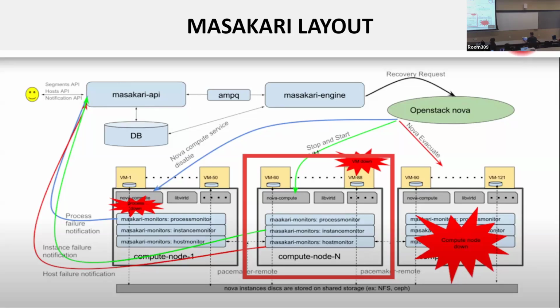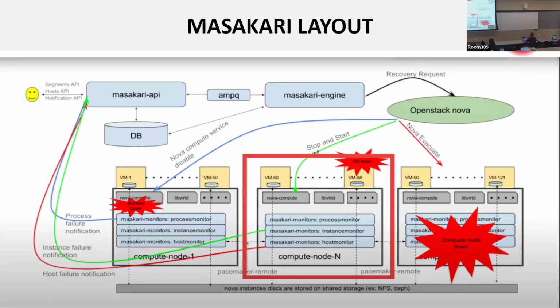If Masakari registers any events, it uses the engine to talk directly to Nova to say, go ahead and power off this VM, or start this VM, or, in case of a host failure, disable this node from the scheduler and initiate a Nova evacuate of those instances off the failed host.